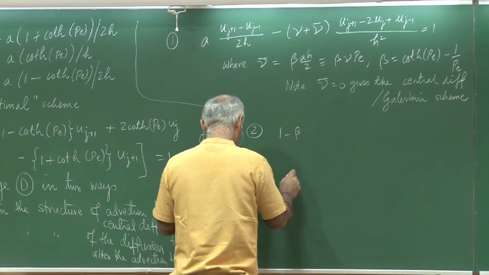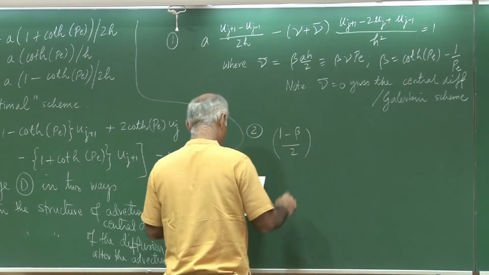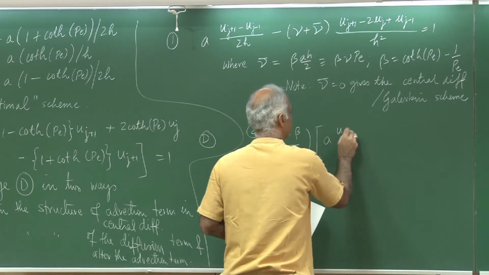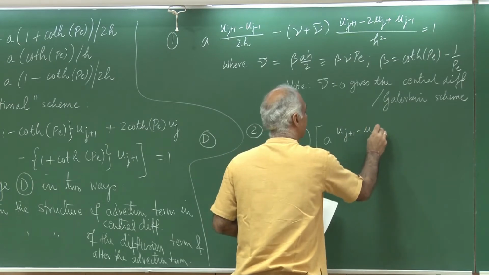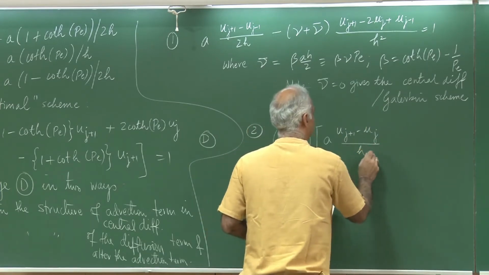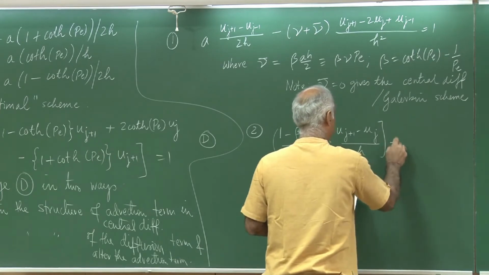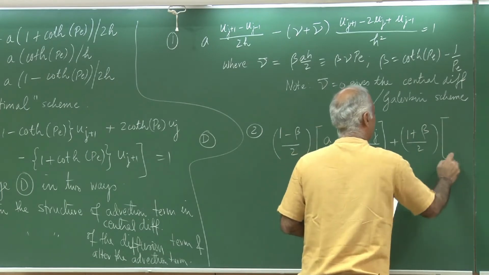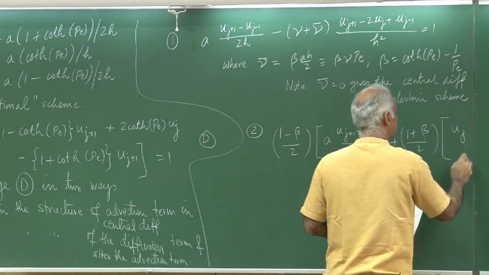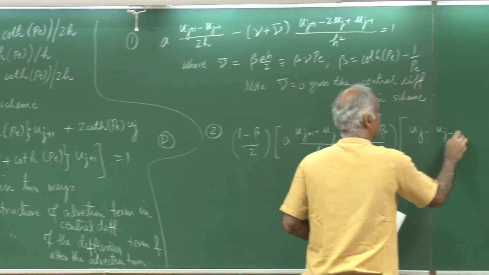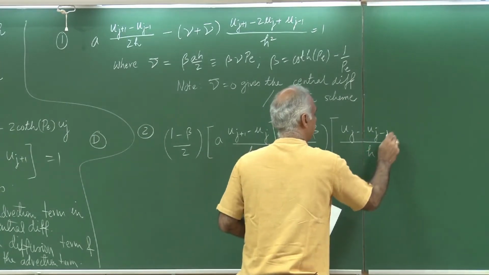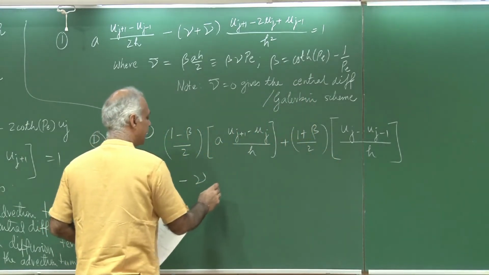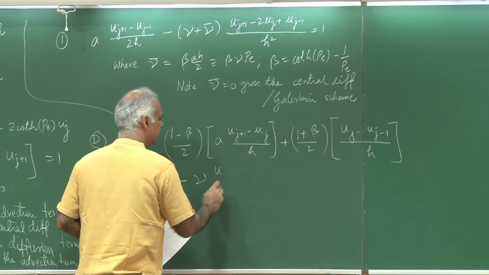So, you would get 1 minus beta by 2 times A times uj plus 1 minus uj by h, plus 1 plus beta by 2 times uj minus uj minus 1 by h, minus A nu times, we will retain the diffusion term as in the central difference.